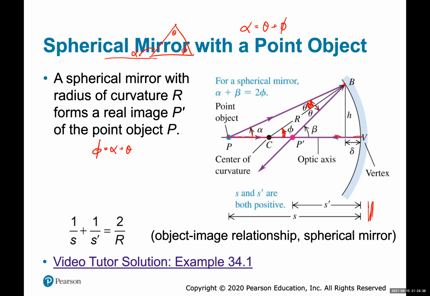But if we do the same trick, beta is phi plus theta. So if we eliminate theta from this system, we end up with that.